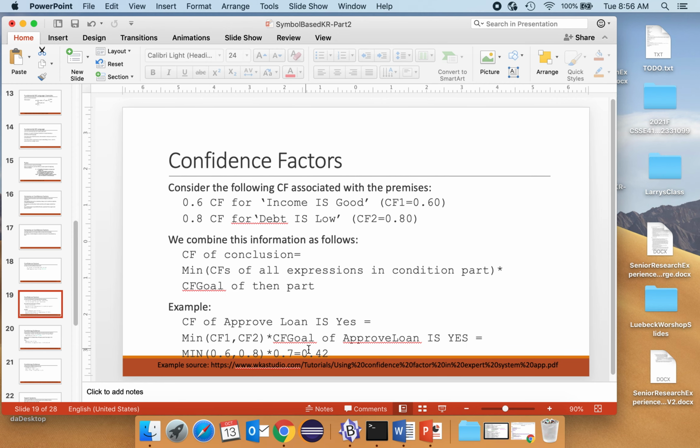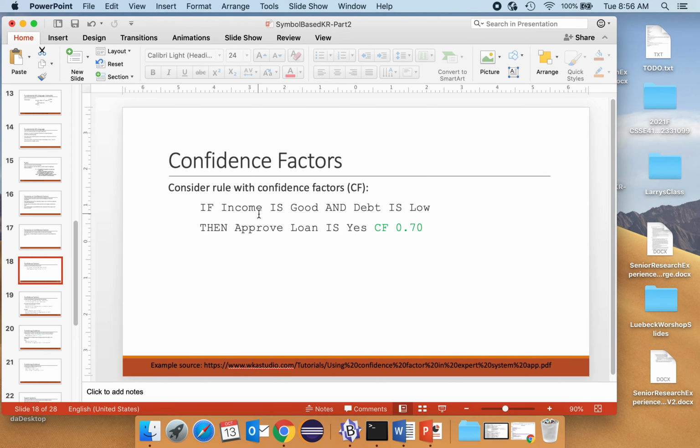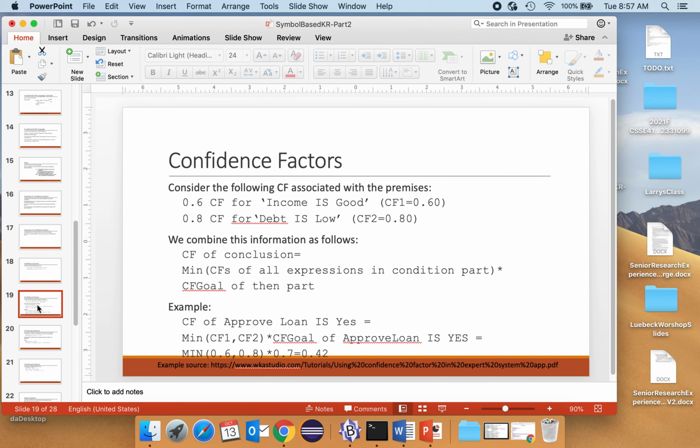We multiply those two things and it gives us 0.42. That's the confidence that we will approve the loan, given our confidence in these two premises. That's how we combine confidence factors in the premises. We take the minimum.